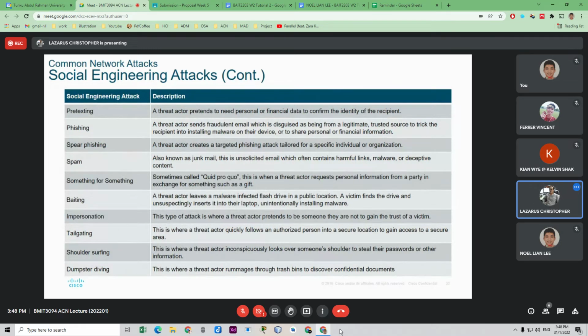So social engineering attacks, okay? Pretexting: a threat actor pretends to need personal or financial data to confirm the identity of the recipient.